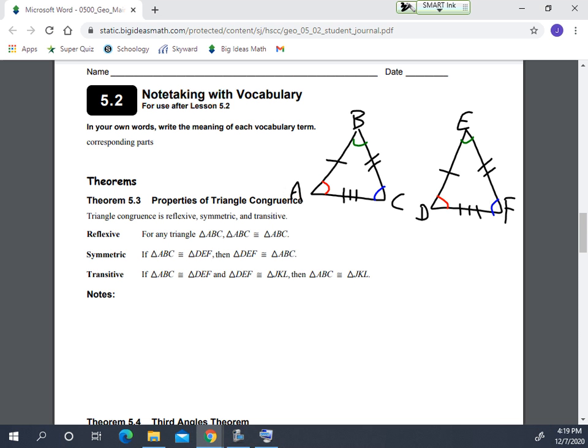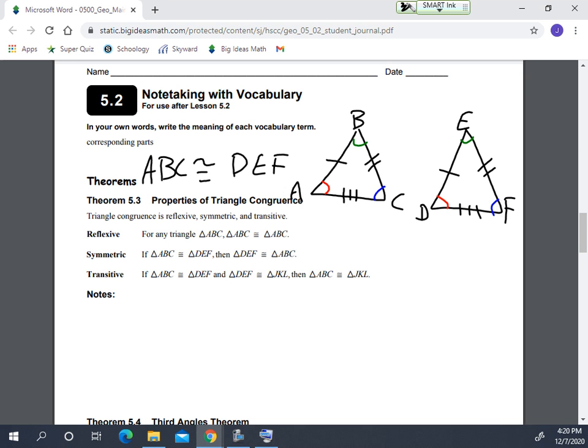The corresponding parts, AB is congruent to DE, right? So each part of those 2 triangles are congruent. Okay. Let's say angle B is congruent to which angle? It's angle E. Okay, so the corresponding parts are B and E, or A and D. So my congruence statement here can be triangle ABC is congruent to triangle DEF.